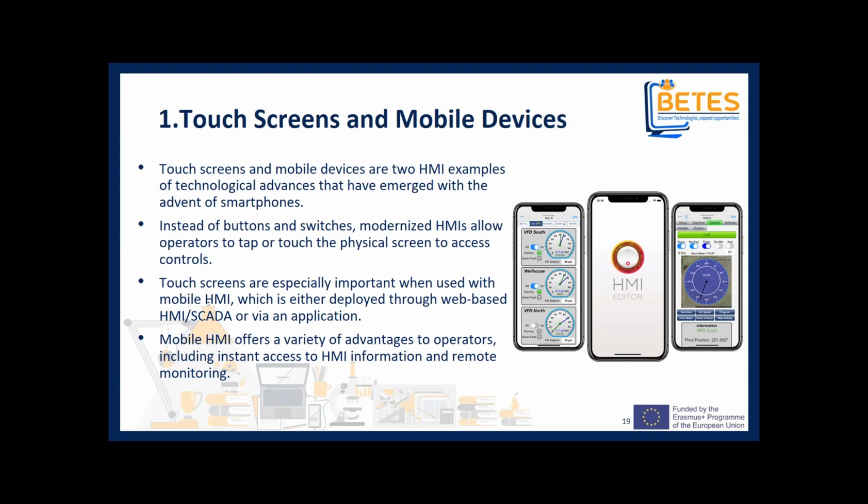I can do changes. Instead of having buttons and switches in my house, I have my touch screen. We even change the channel on our television through our mobile phone.